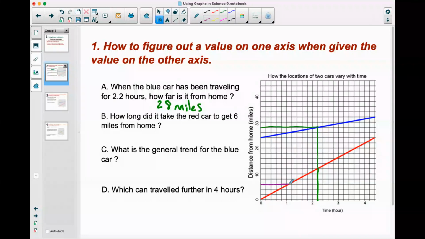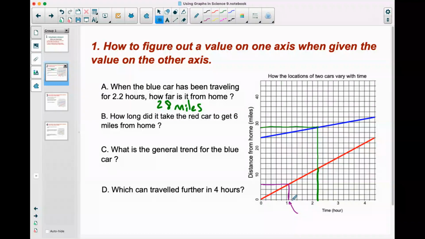Now we'll notice that the line from 6 doesn't hit the red car's line until past the 1. And this is important because as we drop this down to the time axis, we'll notice that the value is very clearly bigger than 1, but it's not yet to 1.2.